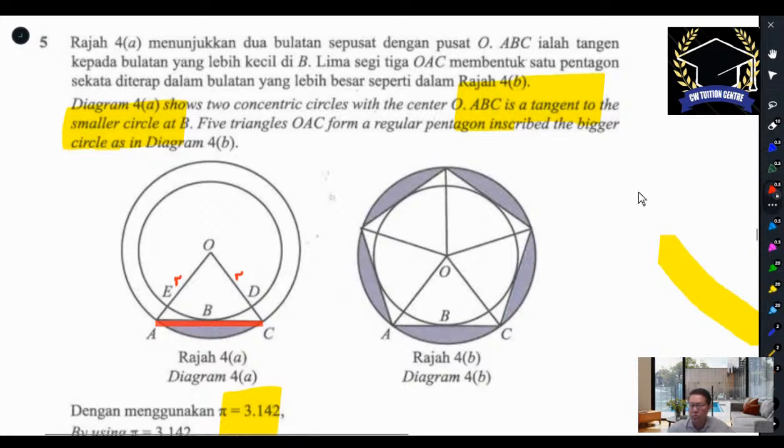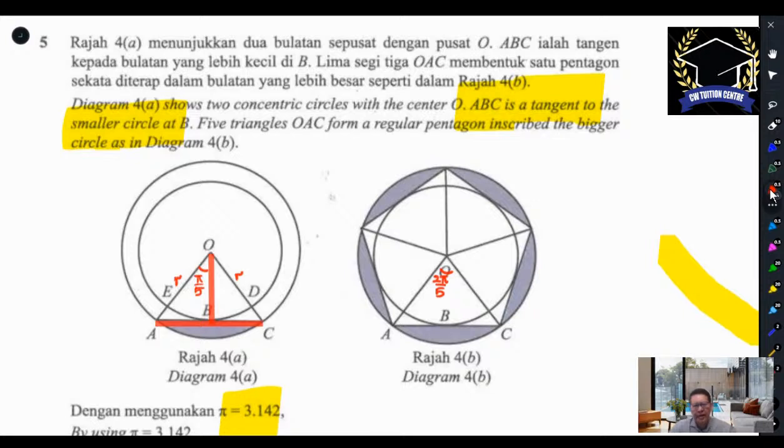Touching is a tangent. Do we have any information about this one? No, nothing. The only thing I know is you can form, yeah, I know already. It's 2 pi over 5. 360 over 5. That's the only information. And then when you split into 2, this is pi over 5. That is all I know from the question.